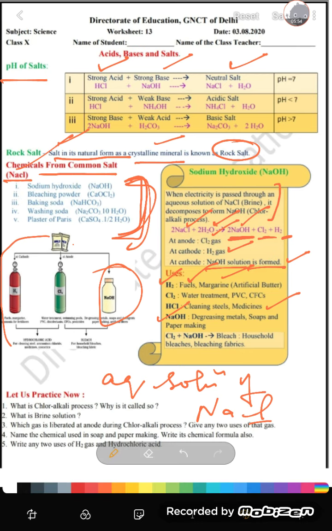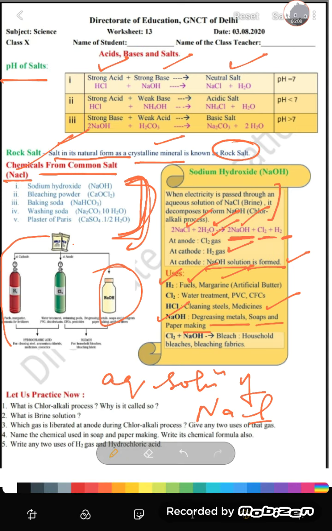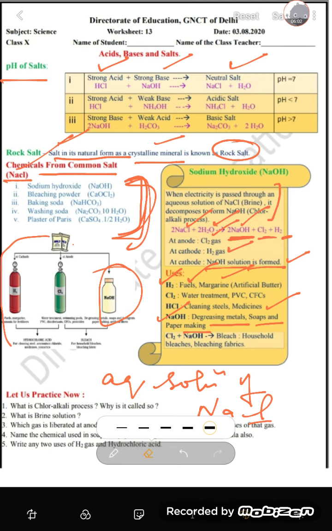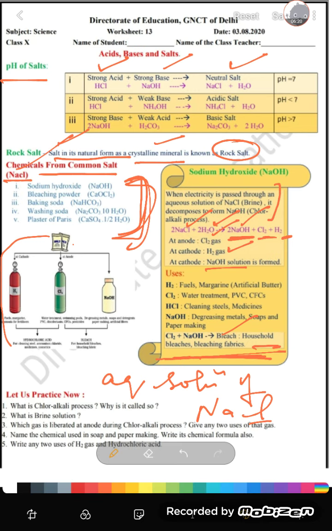NaOH is used for degreasing metal, in soaps and in paper making. NaOH is used in the paper making and soap making industry. Whereas Cl2 and NaOH are used as household bleaches and for bleaching fabric.